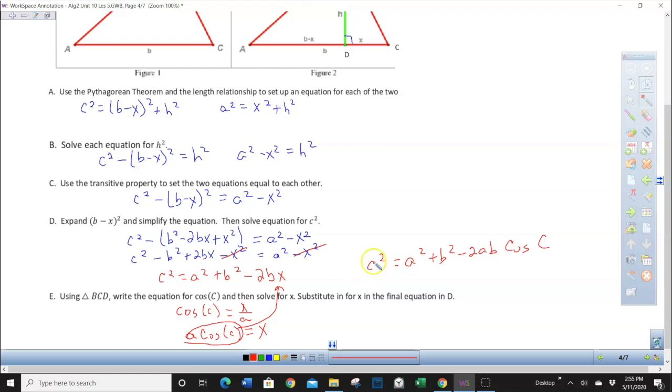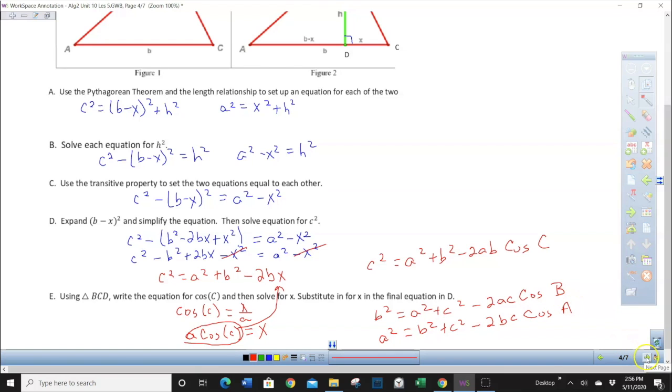So we could write this as b squared equals a squared plus c squared minus 2ac cosine B. Or we could write it as a squared equals b squared plus c squared minus 2bc cosine A. So notice this is side b, angle B, side a, angle A. That's law of cosines.